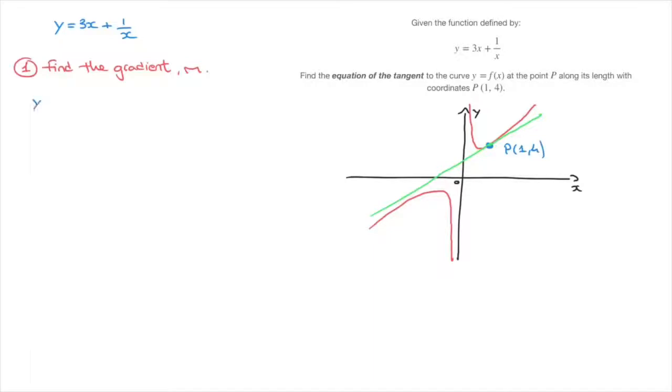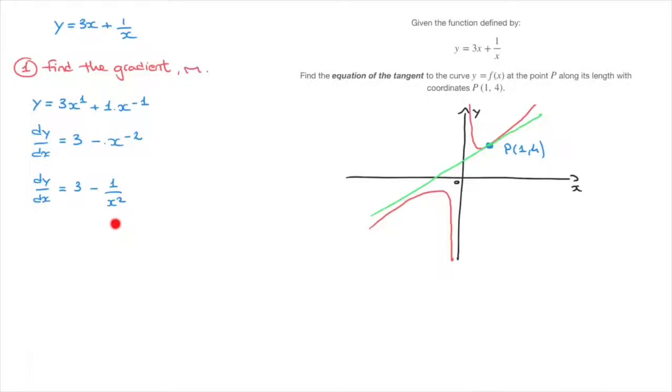Well, keeping in mind that y can be rewritten as 3 times x to the power of 1 plus 1 times x to the power of negative 1, we can use the power rule to differentiate this, and we find that dy/dx equals 3 minus x to the power of negative 2, which we can rewrite as dy/dx equals 3 minus 1 over x squared.